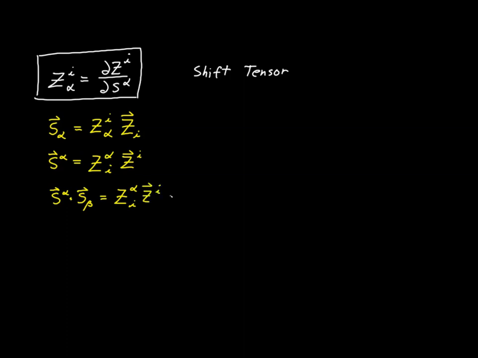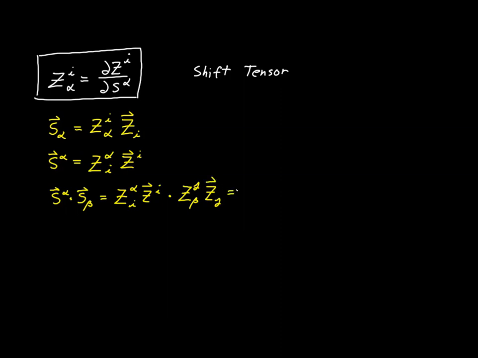And we're going to dot that with S beta using this form here. So our shift tensor here will have beta, and I can't use I, I've got to use a different letter here, and we'll contract that with Zj like that.